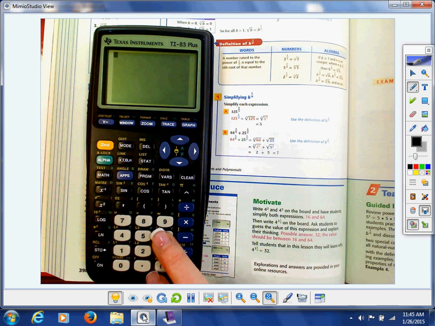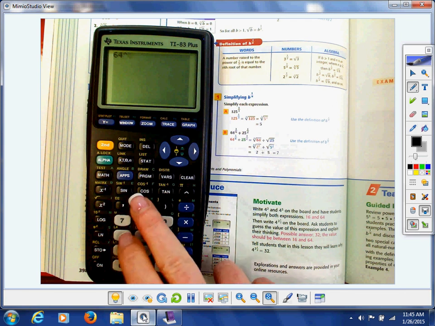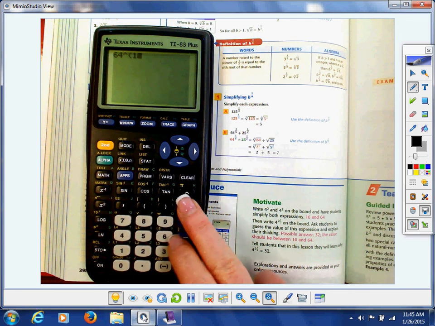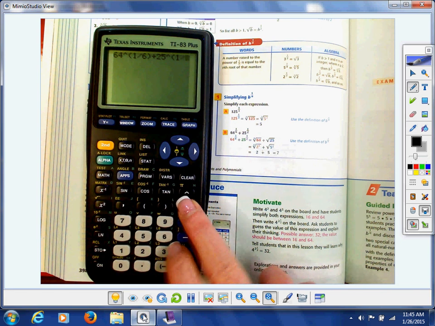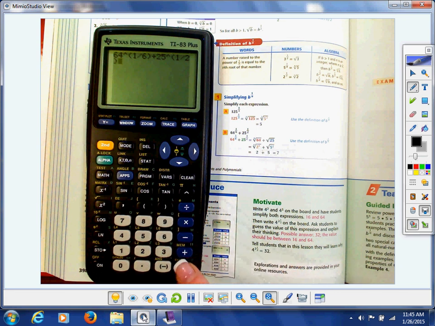You would do 64, there's your base, raise it, use your roof, and put parentheses, 1 divided by 6. So there's the first part. Then hit your plus sign, and then we're going to do 25, raised, parentheses, to the 1/2 power, and then hit enter. And you see you got exactly 7, and that's what you should have gotten, okay?